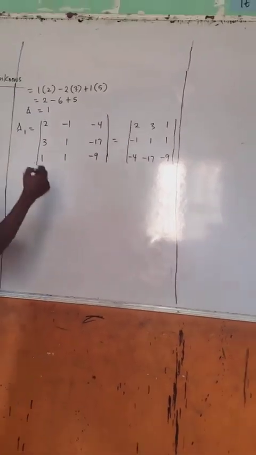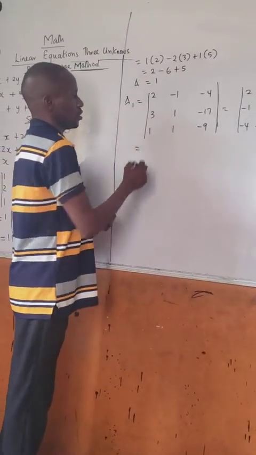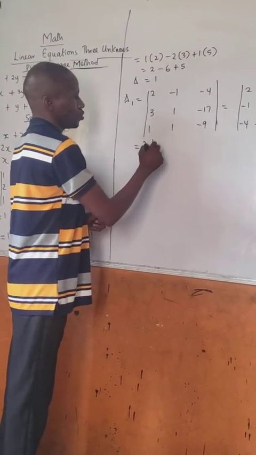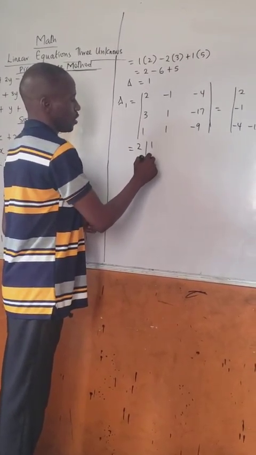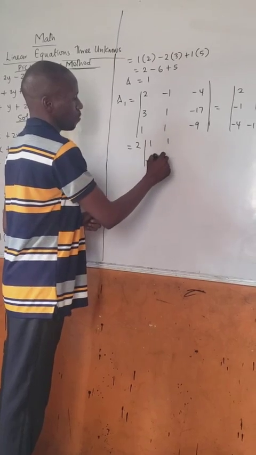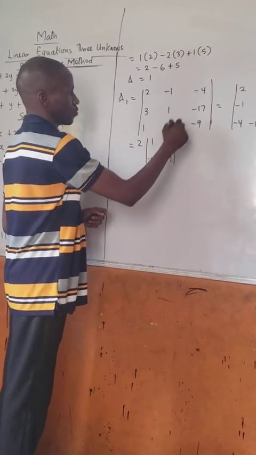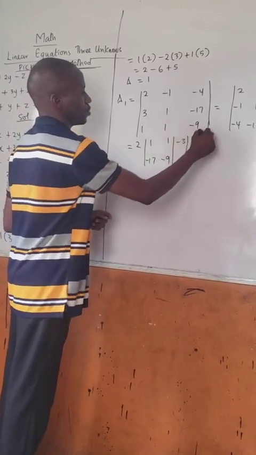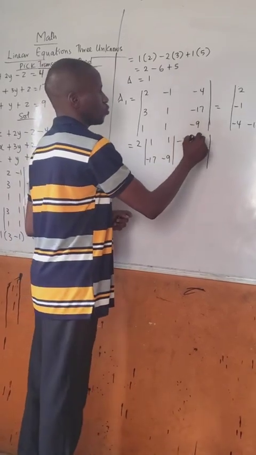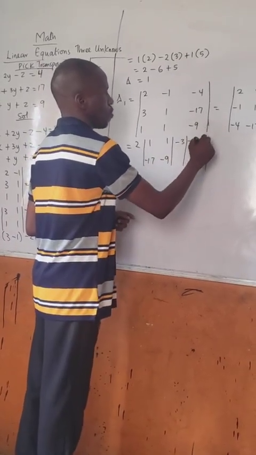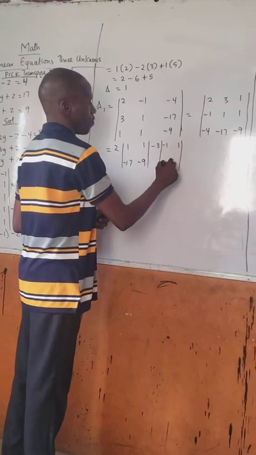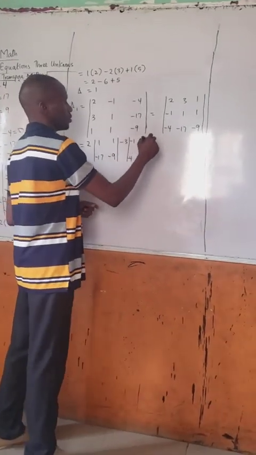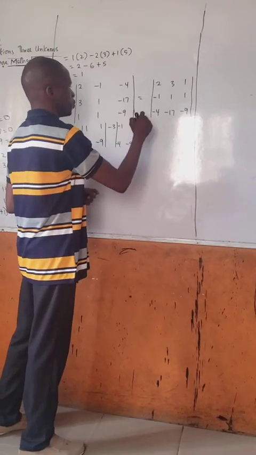So from here, let's look for the determinants. This will give us 2 into 1 minus 17, 1 minus 9, plus the next one is what? Minus 3 into minus 1, 1 minus 4 minus 9. Next, plus minus plus.